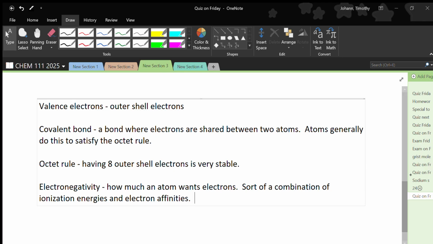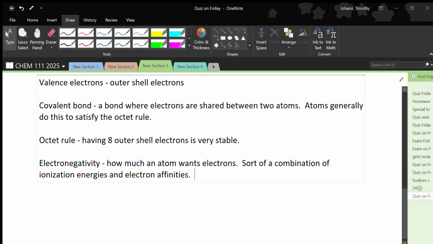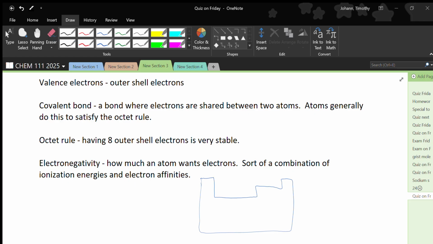So let's go ahead and draw our little periodic table diagram here.